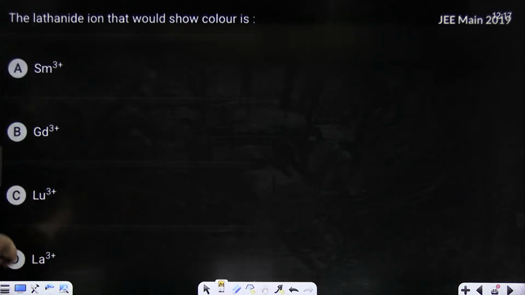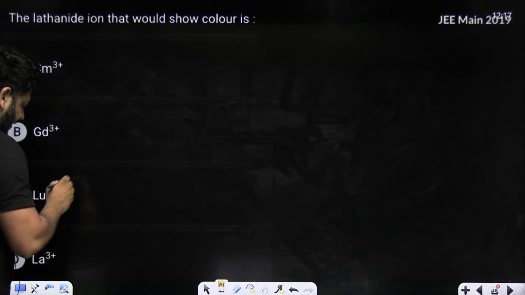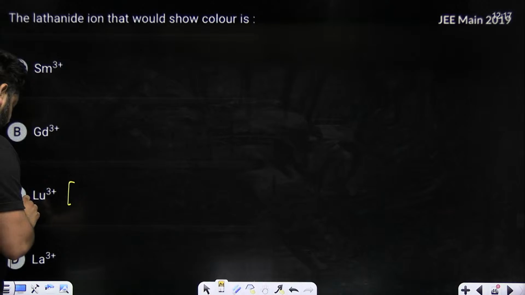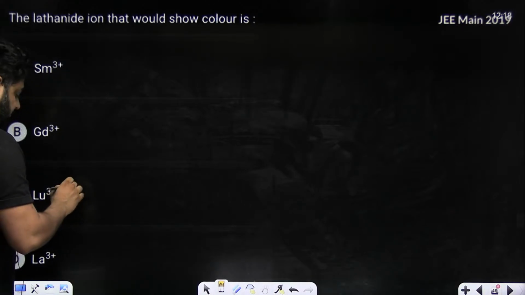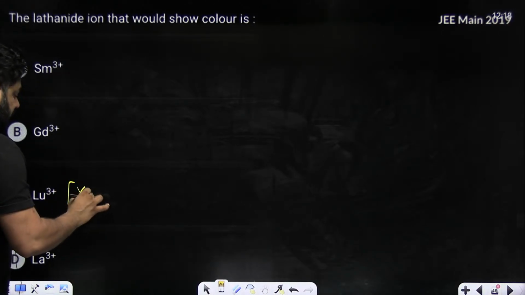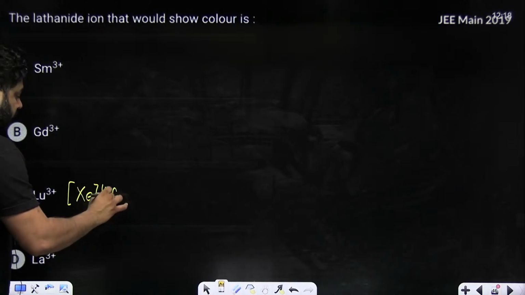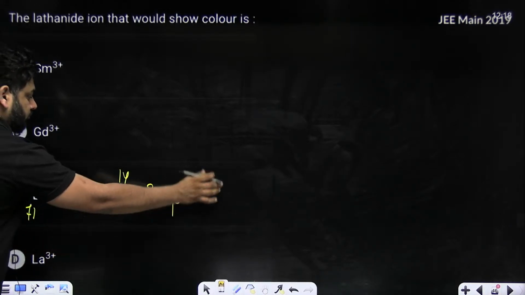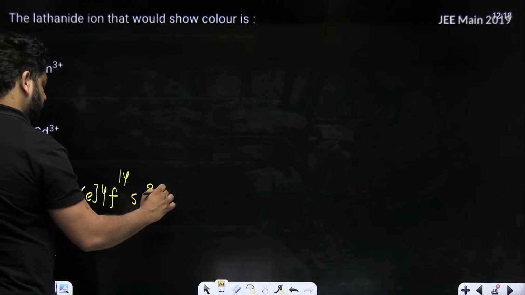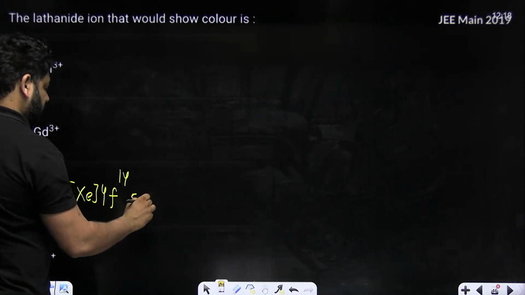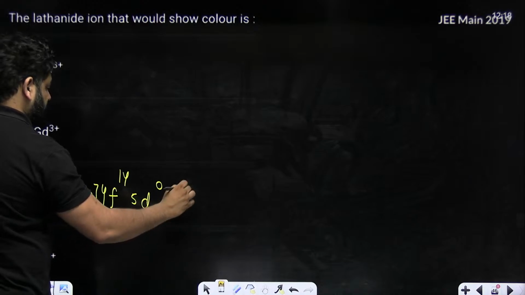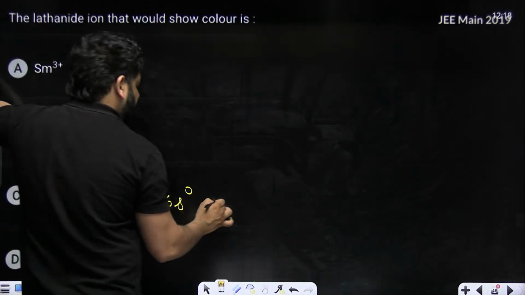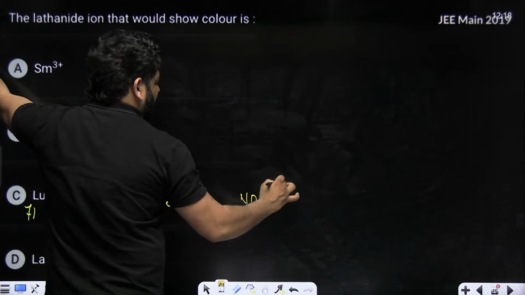See, lutetium 3+ has this configuration of lutetium. So it doesn't have unpaired electron. There is no unpaired electrons.